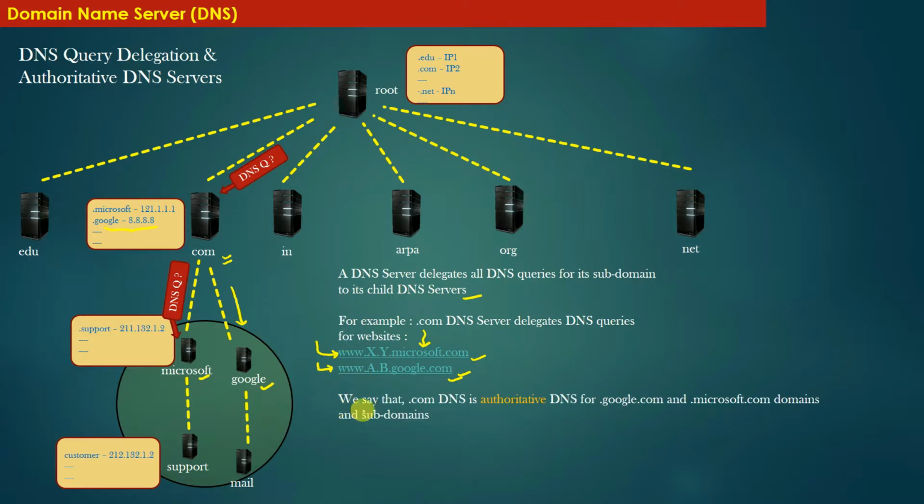So in this example, we say that the .com DNS server is an authoritative DNS server for the .google.com and .microsoft.com domains and subdomains. Right? So this .com DNS server is an authoritative DNS server for all the domains and subdomains which come under it.